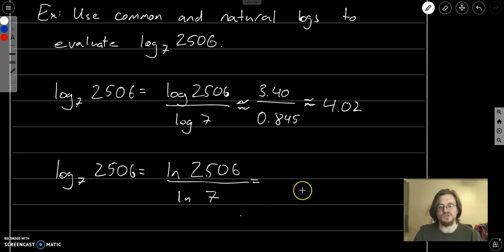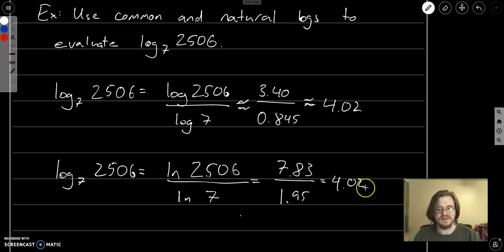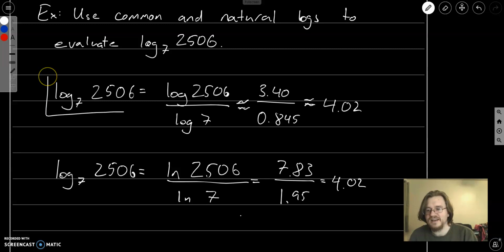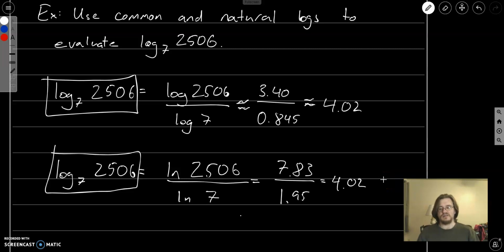I can plug it into Google, just type in ln parentheses 2,506, and we get 7.83 approximately, and for natural log of 7 we get about 1.95, but in both cases we get 4.02 because they're both the same number. They're both the log base 7 of 2,506. So we should get the same number, and luckily we did.